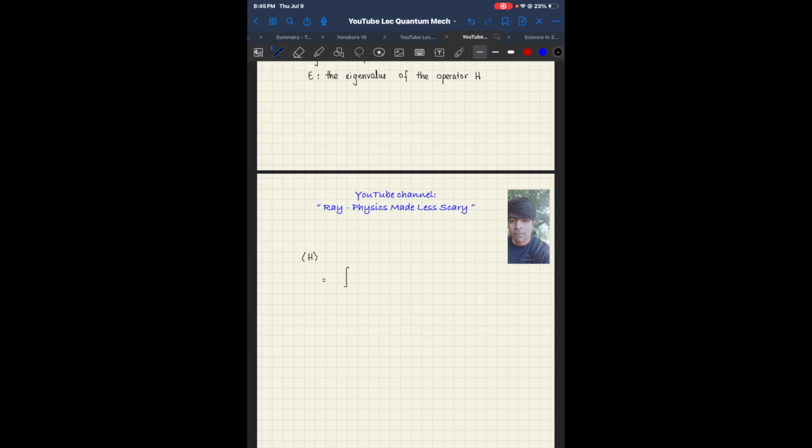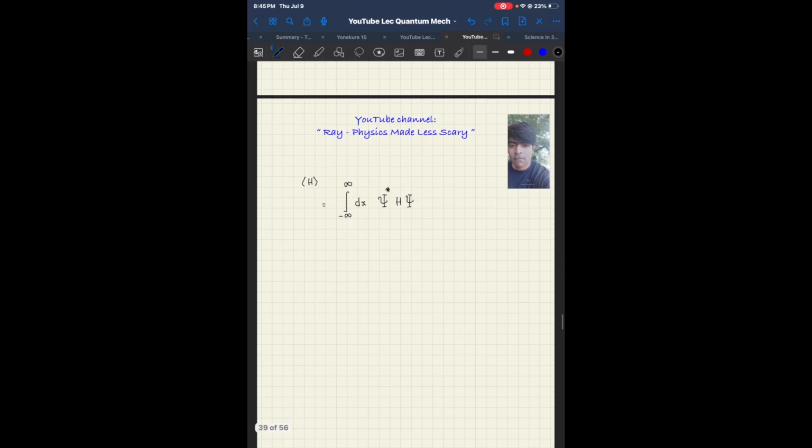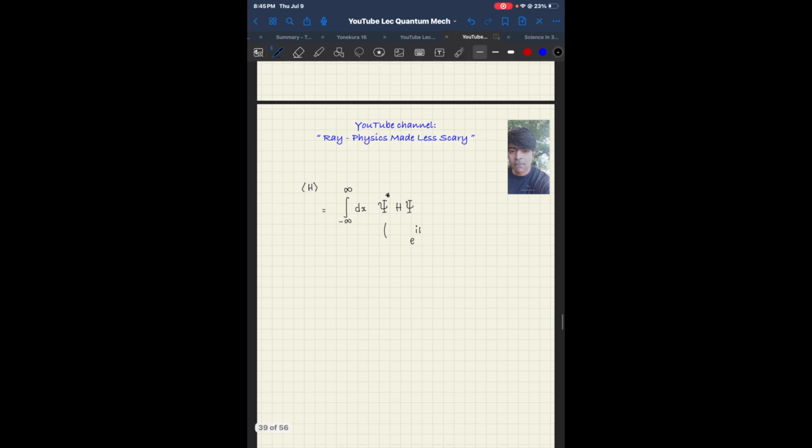We have seen multiple times that this is given by the integral dx of capital psi star, H, capital psi. But you see, that's again the beauty of it, because the phase factor, which we have discussed at some point, is e to the minus i over h cross E t.